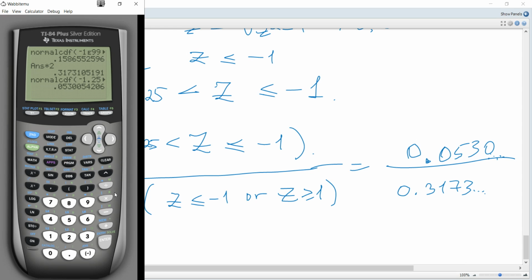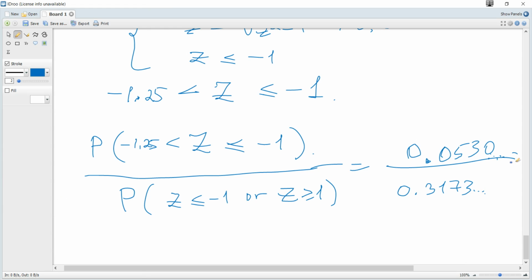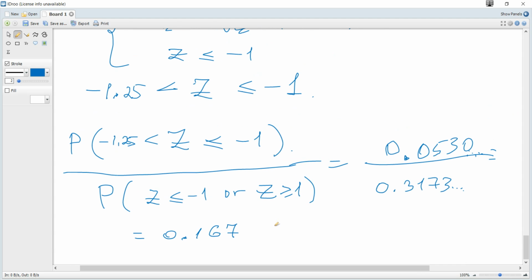And divided by 0.3173 and so on, it's enough to 4 figures, because finally we need 3 significant figures, and you can see that we get that it is equal to 0.167 to 3 significant figures. And that's all for this question.